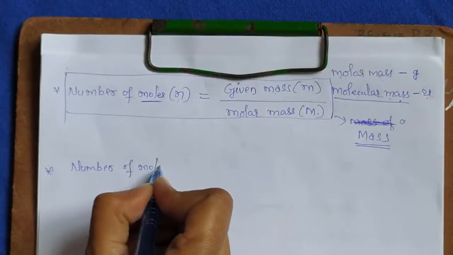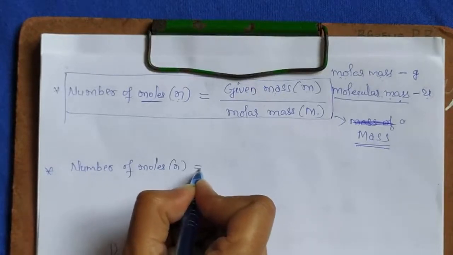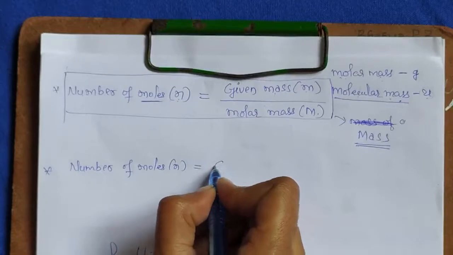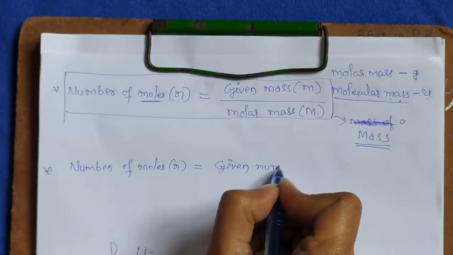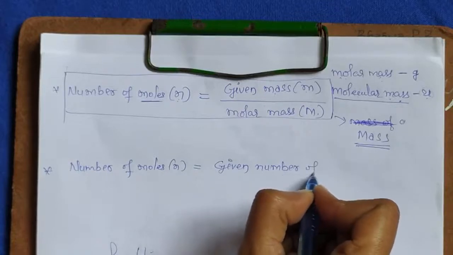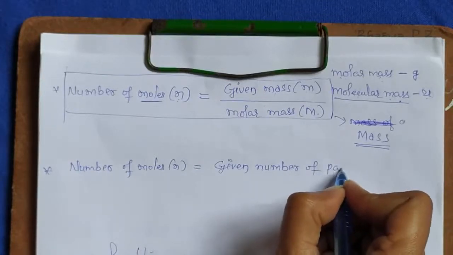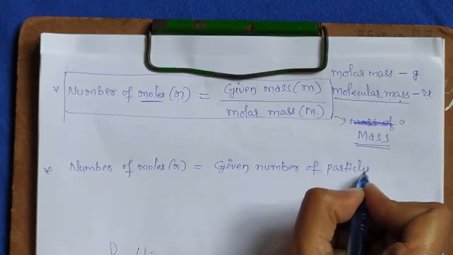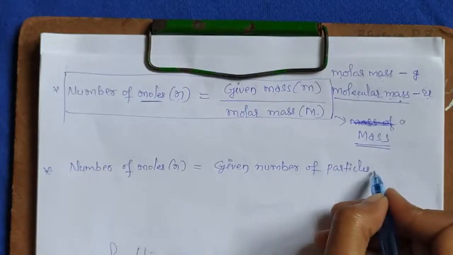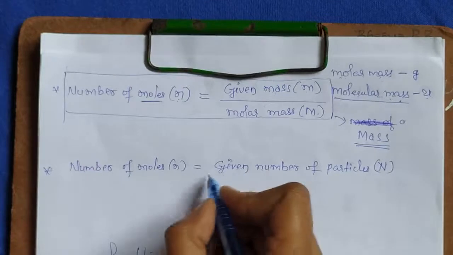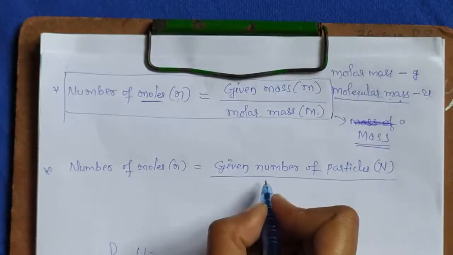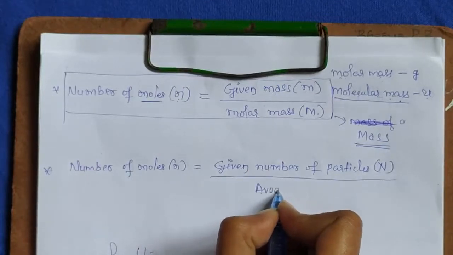Number of moles is equal to given number of particles, symbolized as capital N, divided by Avogadro number.